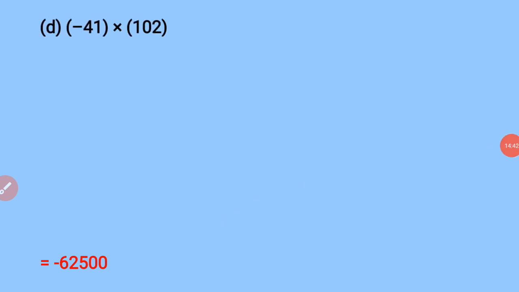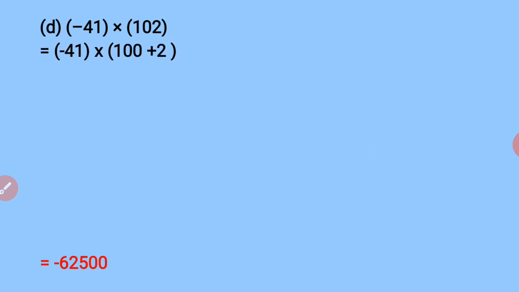Now, the next sub question, that is D. This is minus 41 multiplied by 102. Simple multiplication will make you multiply this 41 with 102. But let us solve it quickly by using certain property. Children, you all know that 102 can be written as 100 plus 2.